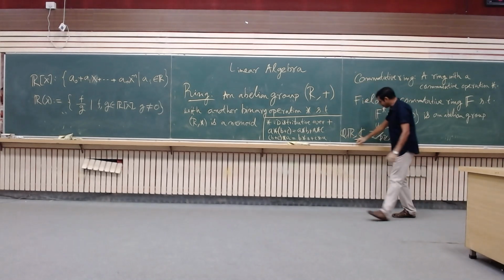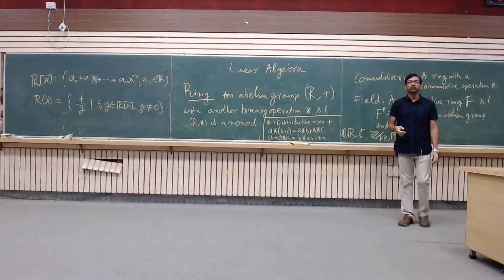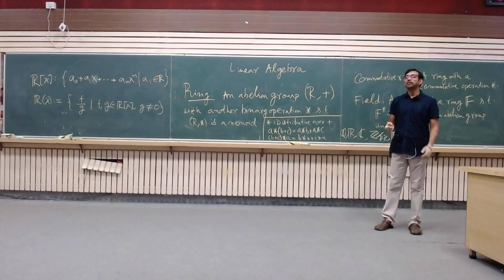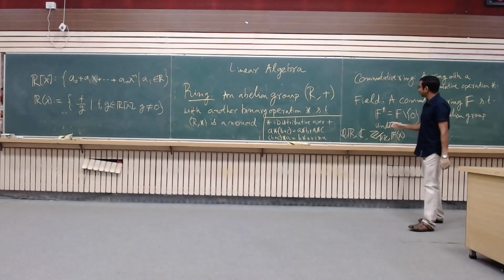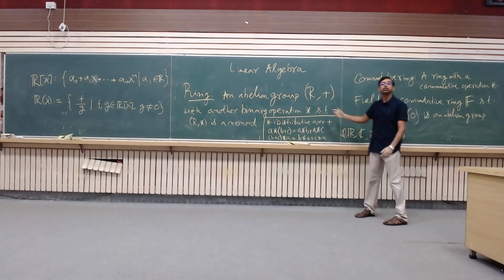For example, that happens in all of this, right? Whereas an example of a ring which is not commutative, can you give me? Anybody? Matrices, right? Wonderful. Because consider the n cross n matrices. You can add them. Addition is commutative there.